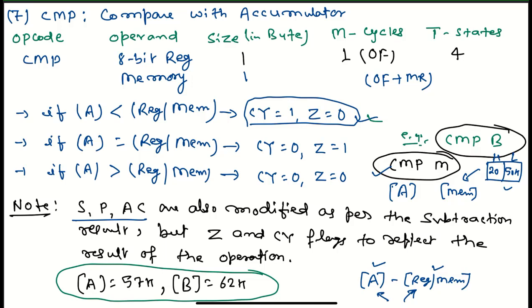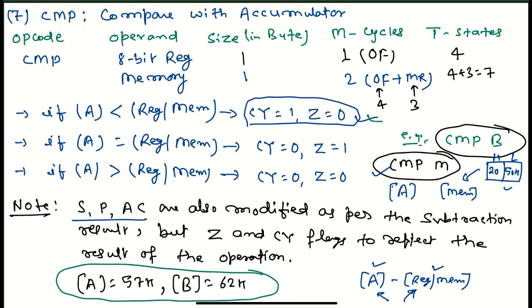So their machine cycles will be 2 here, and as we know the T states for the opcode fetch operation by default is 4 T states, and for the memory read it is 3 T states. So here 4 plus 3, total number of T states required for the execution of this instruction is 7 T states.